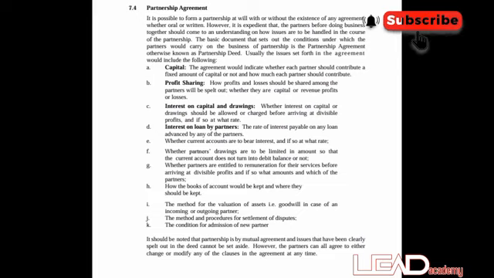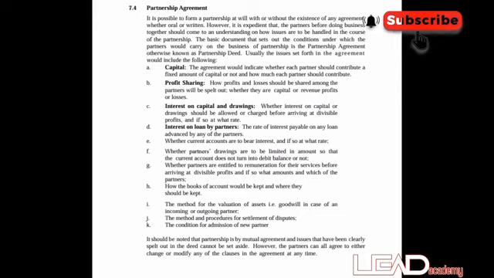So we have profit sharing ratio. Profit sharing ratio is an essential condition in partnership agreement because it gives a ratio or proportion of how much each partner's profit is going to be. We have interest on capital, interest on drawings and loan.